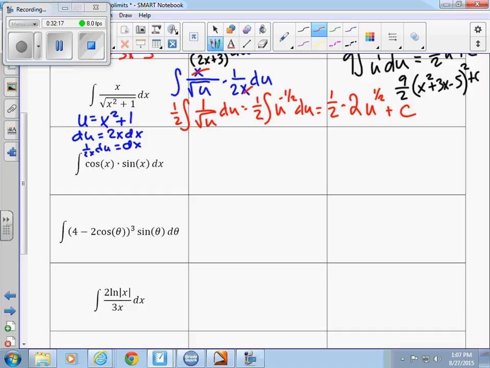Turns out that 1/2 and 2 cancel, and I get x squared plus 1 to the 1/2, or you could do square root of x squared plus 1, either way, plus c. Would you have seen that one without a u substitution? It's impressive. All right. Any questions about that one?